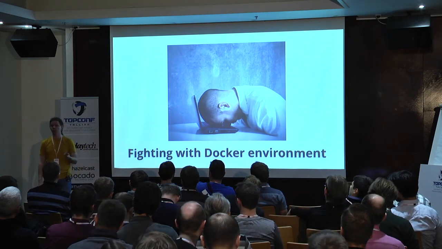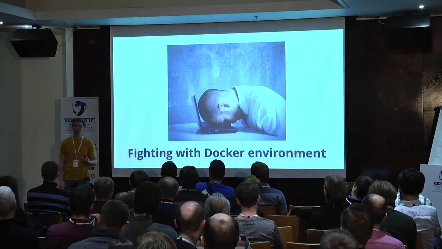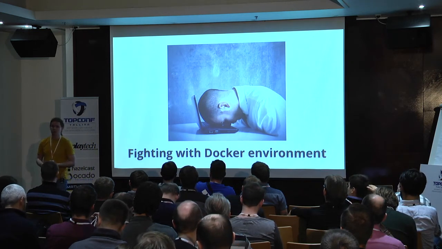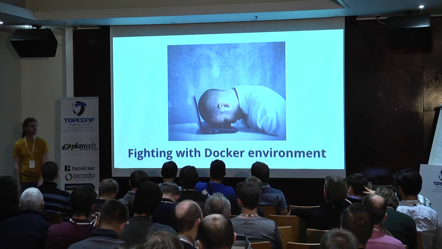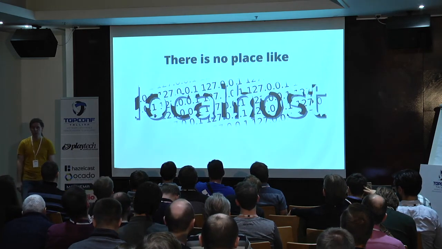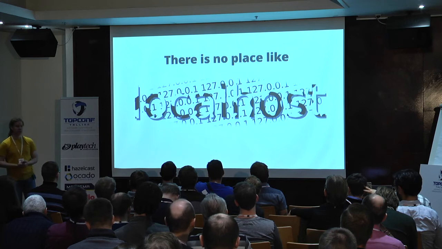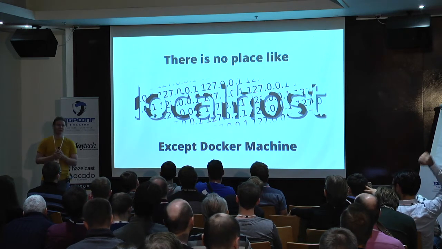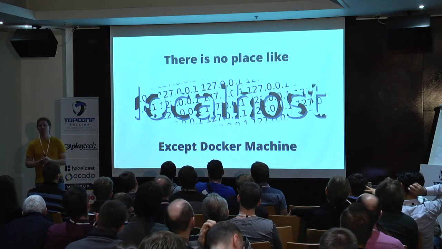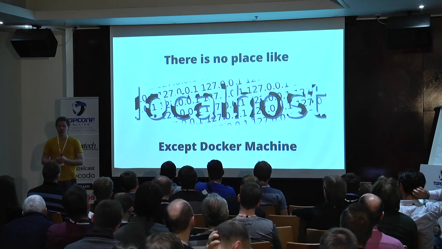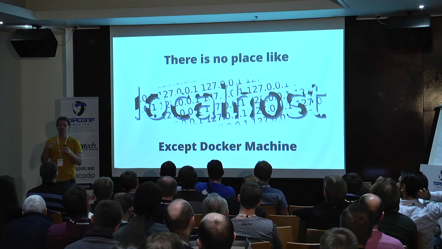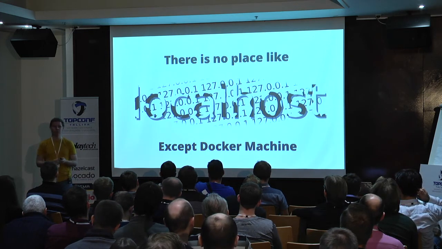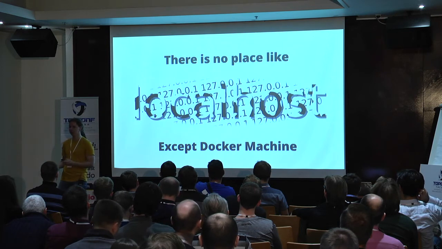Not true for Docker for Mac and Windows, but it's not really there yet, so we still have to talk about Docker Machine. Plus, of course, there is no place like localhost except Docker Machine. So you read about Docker, it says, run docker run nginx with port 80 and open your localhost so you will see your container running.